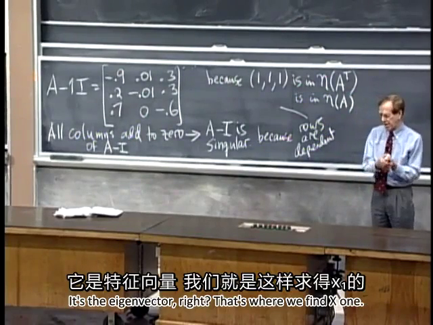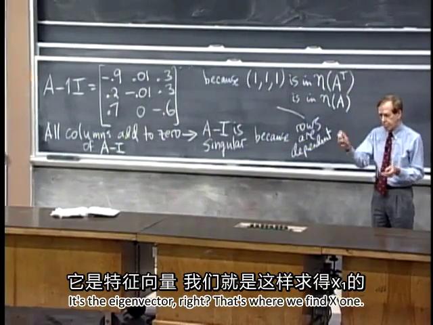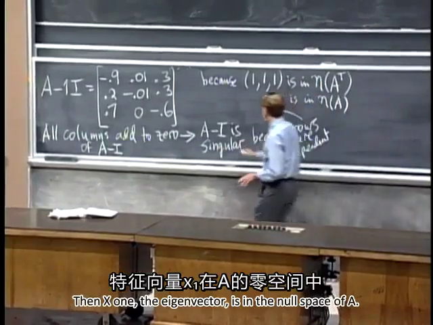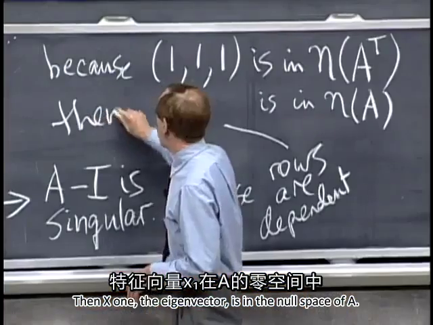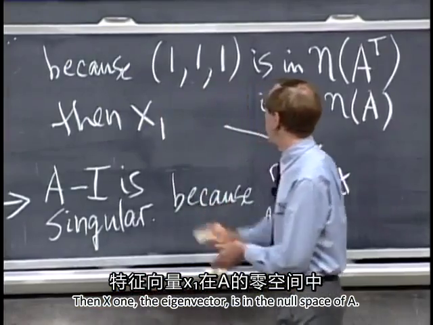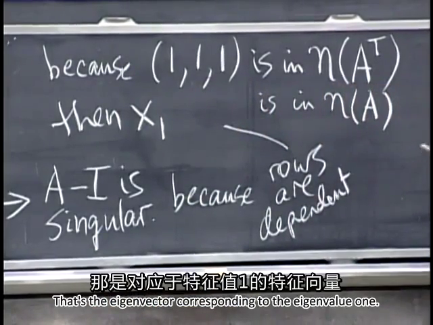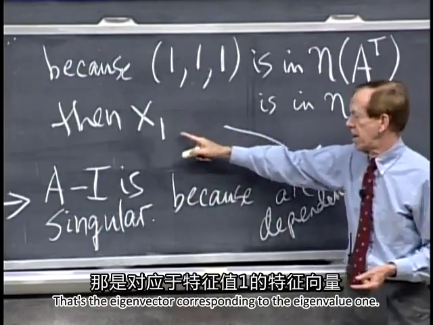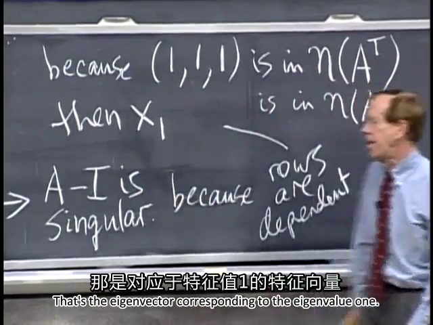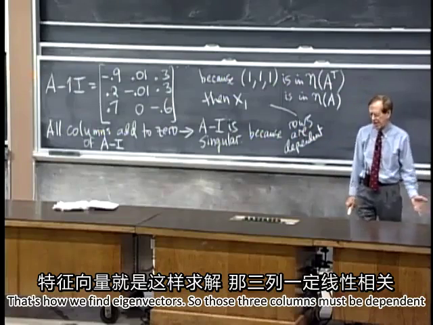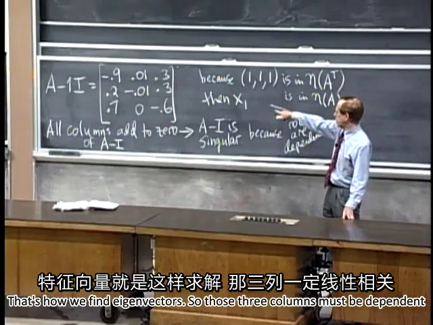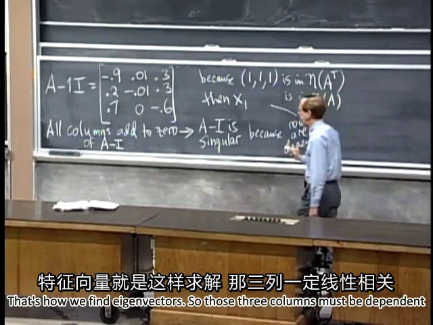Once we found it, what have we got that's in the null space of A? It's the eigenvector, right? That's where we find x1. Then x1, the eigenvector, is in the null space of A. That's the eigenvector corresponding to the eigenvalue 1, right? That's how we find eigenvectors. So those 3 columns must be dependent.